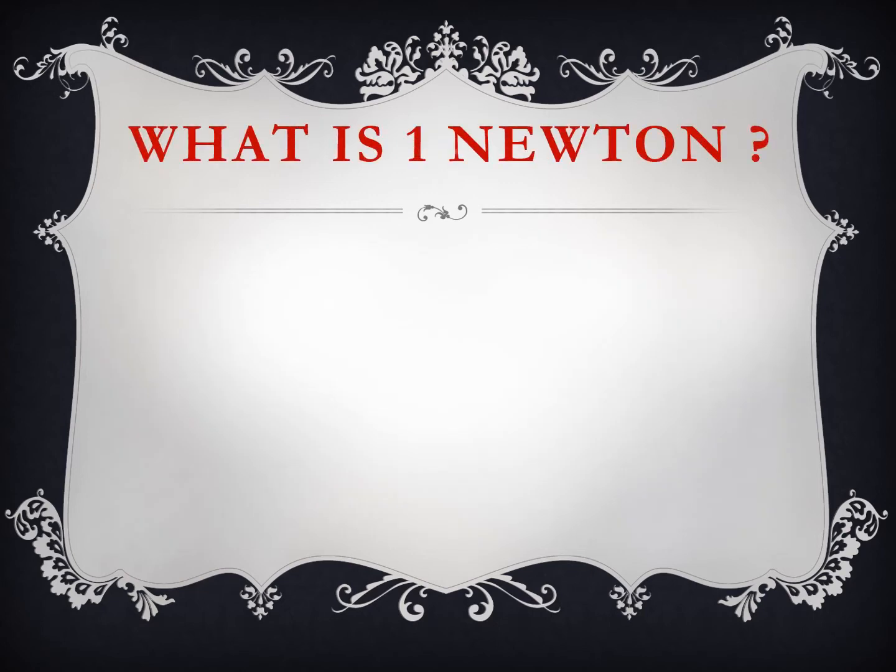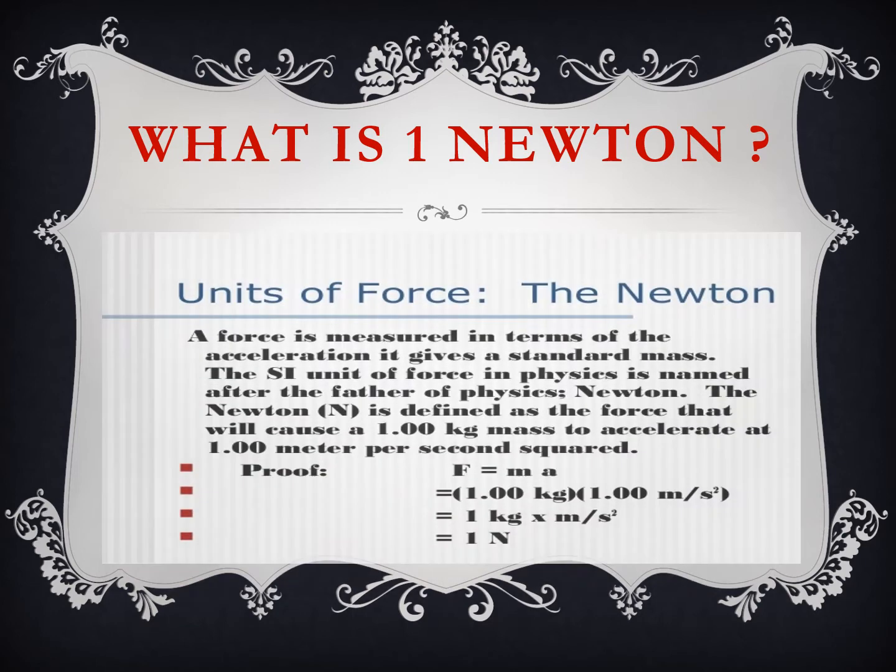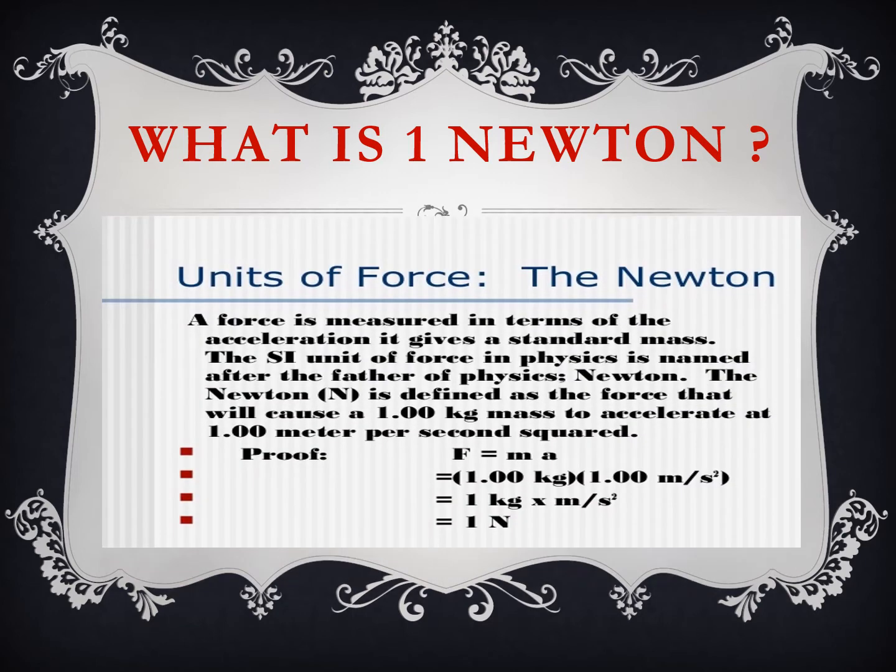Now let us define what is 1 Newton. 1 Newton is given by 1 kg into 1 meter per second square, as you can see in the image.